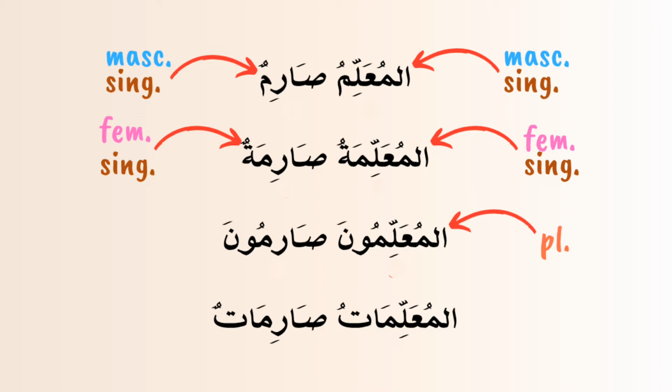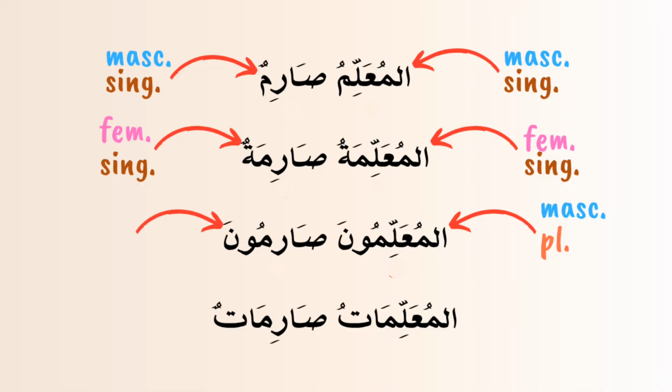So, according to the subject-predicate agreement, the predicate can be also singular or plural depending on the subject. Our subject here in this example is المعلمون. Teachers are a specific group of people. When the subject refers to a specific group of people, the predicate agrees with it in both gender and number.